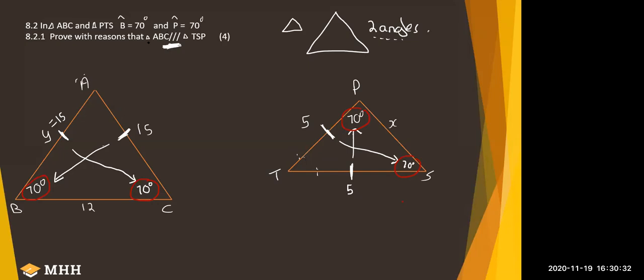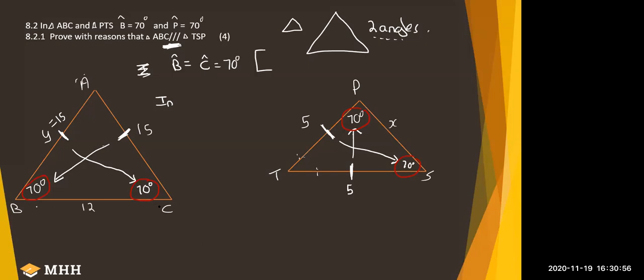Right. So for similarity, how do you start? Before I actually do the proof, I'm going to say that angle B is equal to angle C is equal to 70 degrees, right?